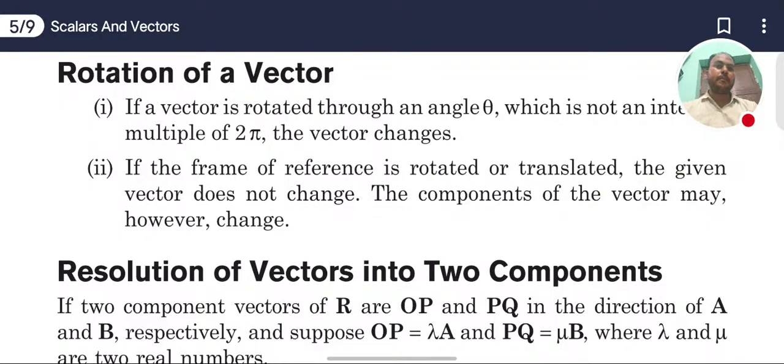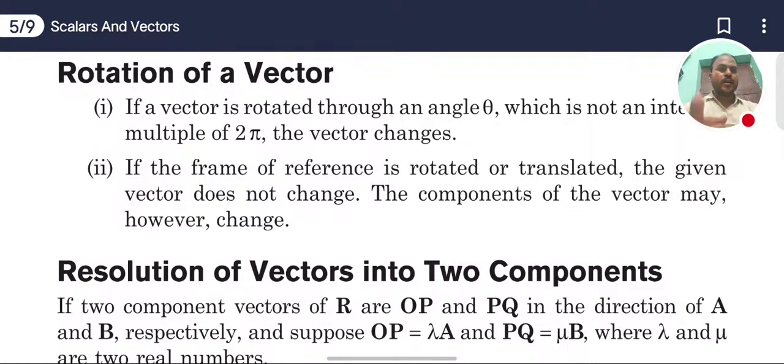Second point: if the frame of reference is rotated or translated, the given vector does not change. Suppose in rotation of a vector, the vector is changing with respect to the reference frame, then the vector itself does not change.